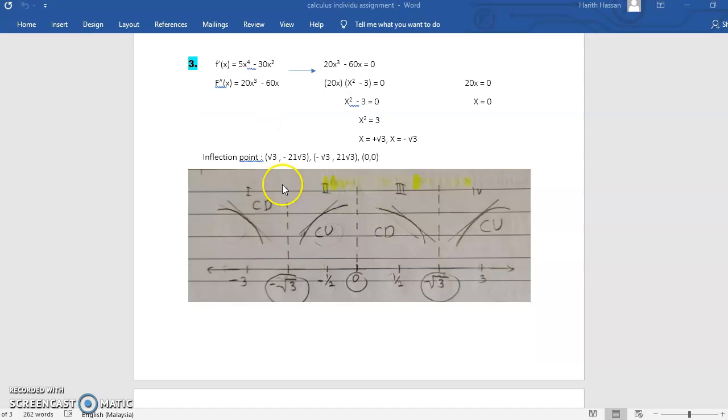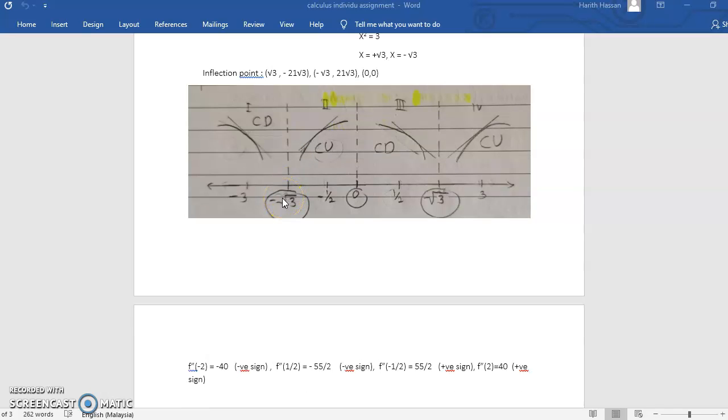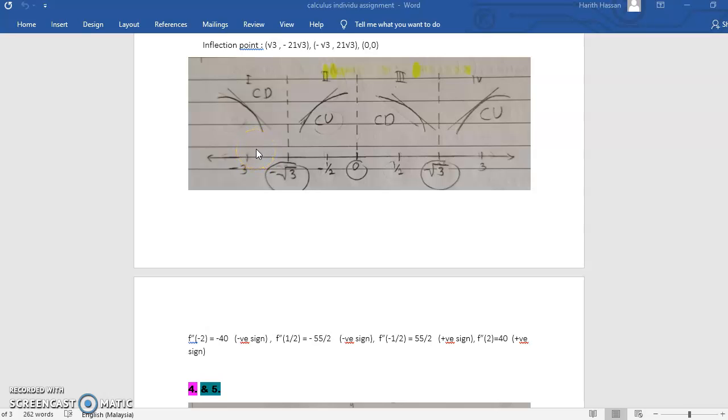So we can use the table again to know where the curve changes, and we will also get the concavity.